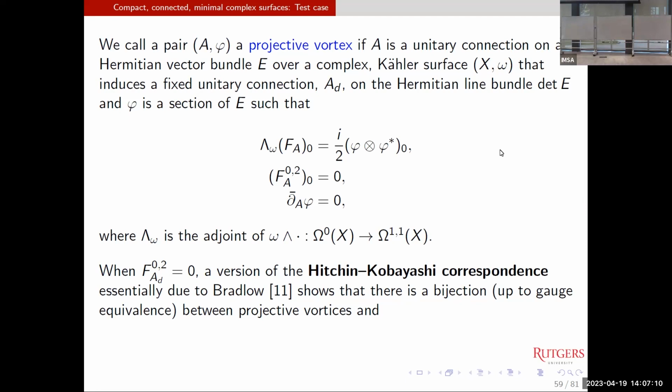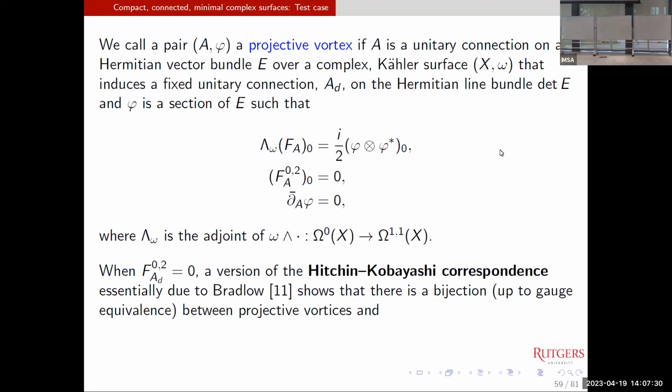The subscript 0 means you're taking the trace-free part. Lambda omega means that this is the contraction with omega. These equations make sense without the connection on the determinant line bundle.